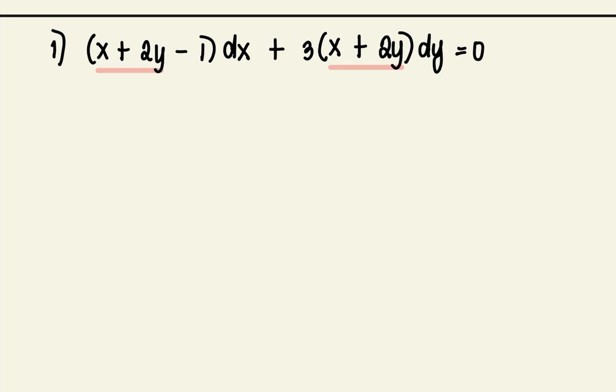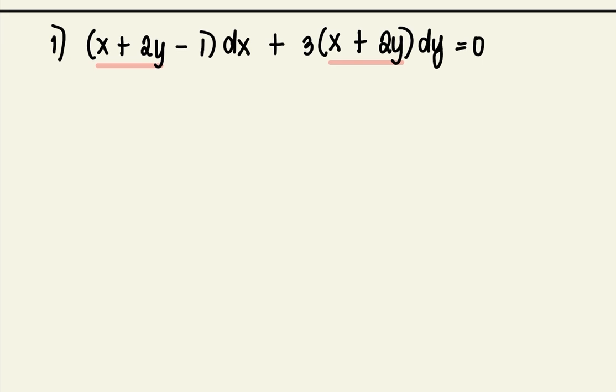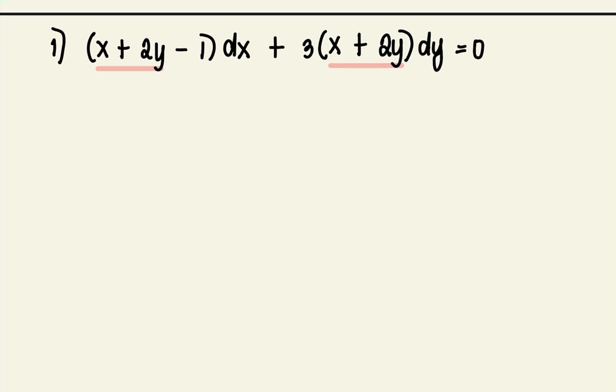There are no other functions of x and y that stand out in this DE. So if we are to make a substitution, we can let x plus 2y be equal to a new variable, let's say, v.